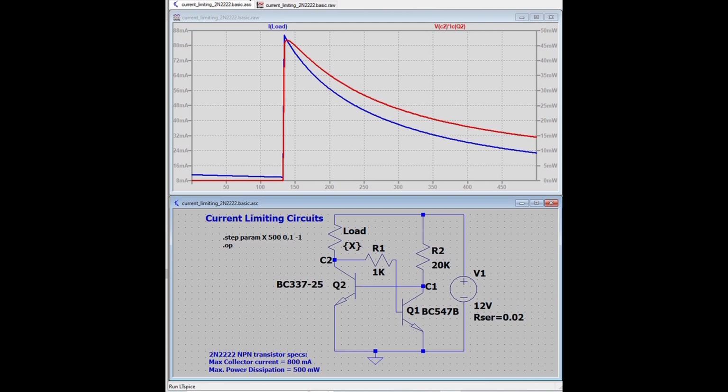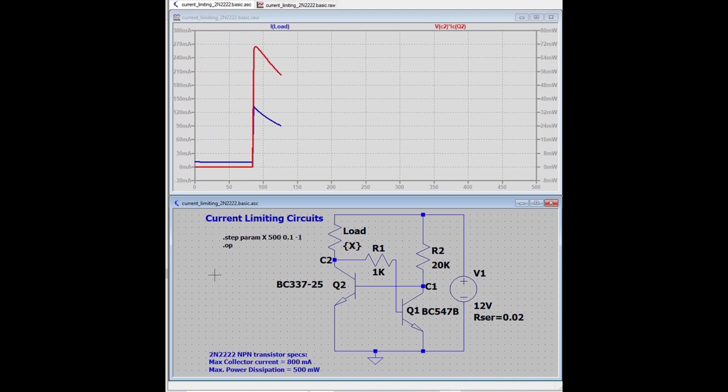It changes as well. But the power dissipated is still below the transistor's maximum dissipation.